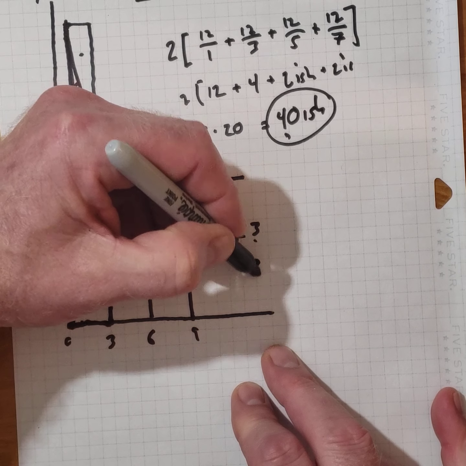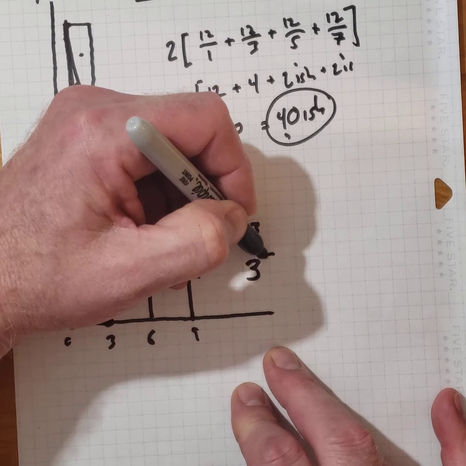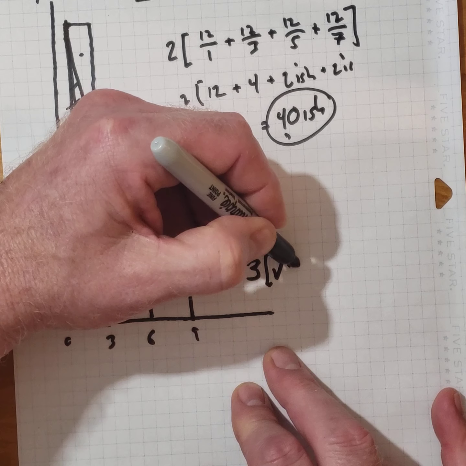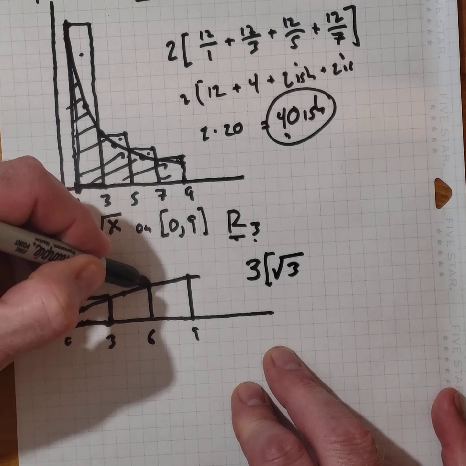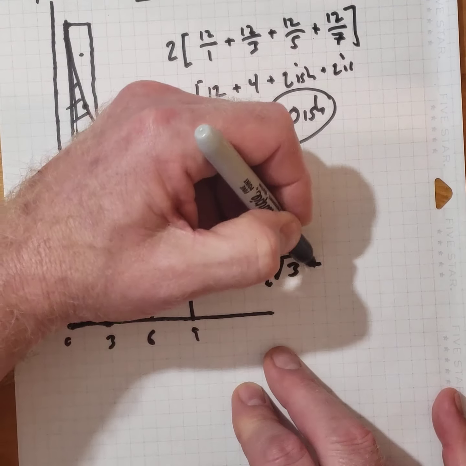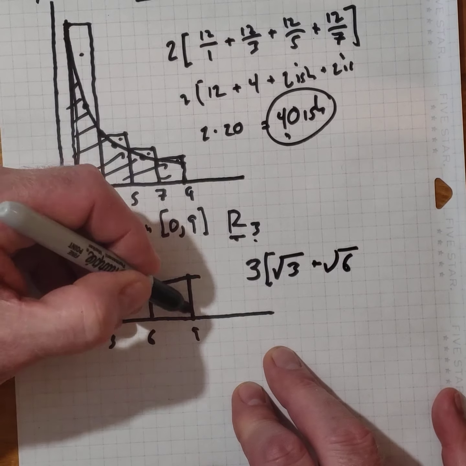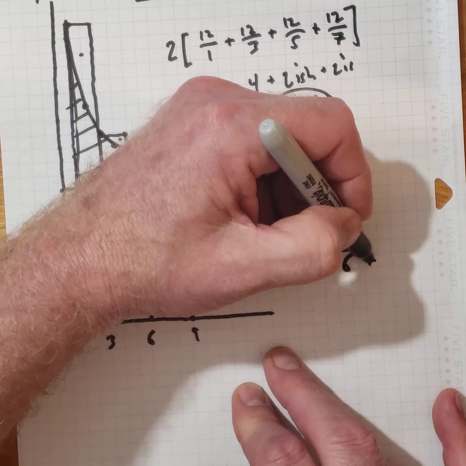So the width is going to be the same for each of our rectangles. The height of the first one is going to be square root of 3. The height of the second one is going to be square root of 6. The height of the third one will be the square root of 9.